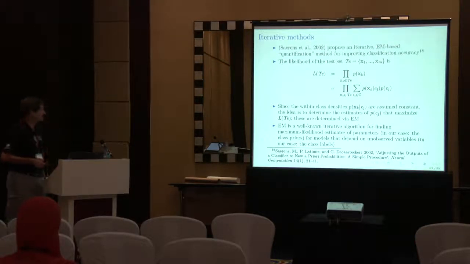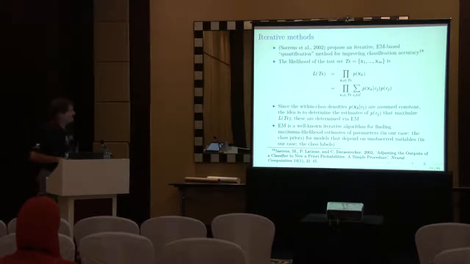Okay, so expectation maximization. The very idea of this method starts from computing the likelihood of your test set. The likelihood of your test set can be described as the product of the probability of each document in the test set, which, for the law of total probability, is the product of the sums of the probability of each test document given the class times the probability of the class.